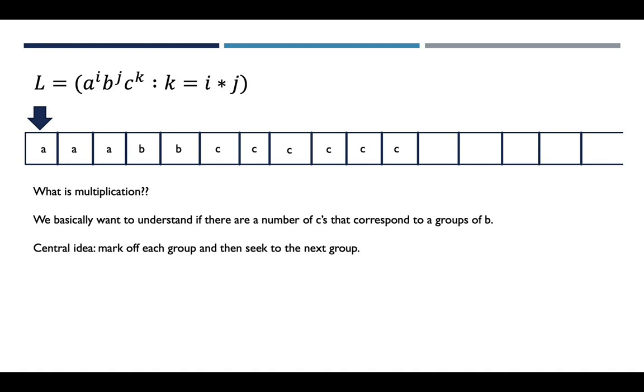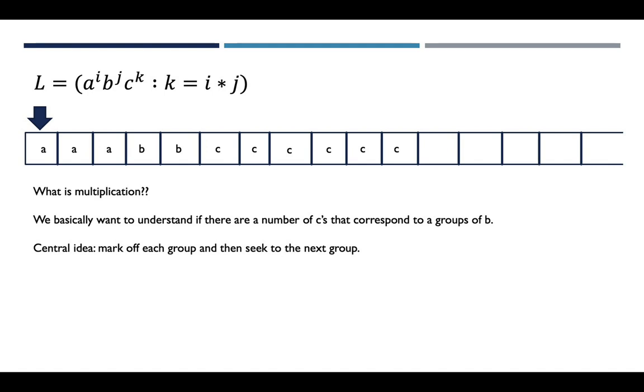And so the first question we want to ask ourselves is, what is multiplication even? What does it actually mean in the context of this problem? What it means here is we want to understand the number of C's, and we want to verify that the number of C's is equal to exactly A groups of B things.